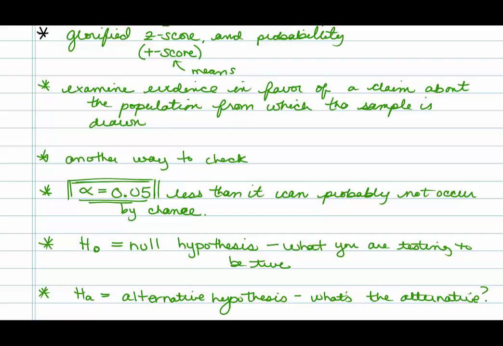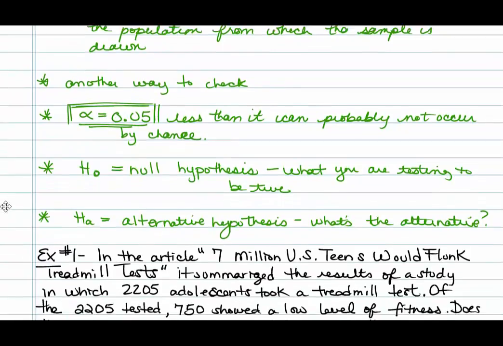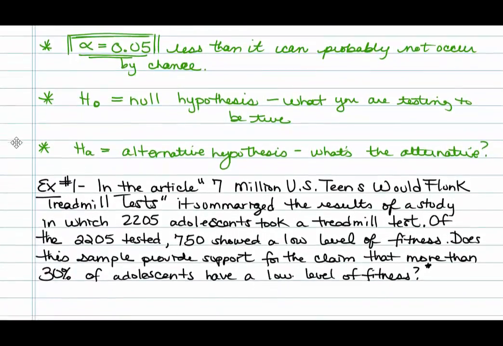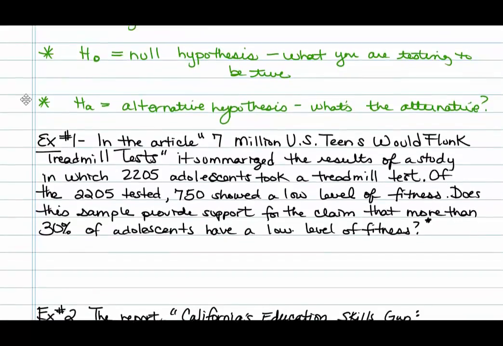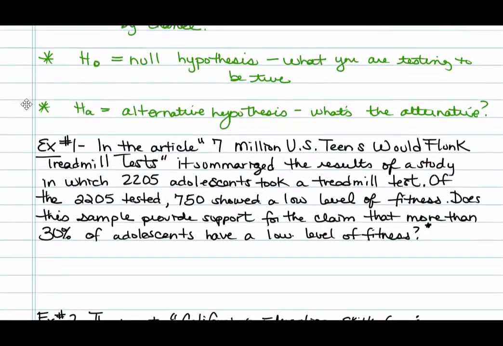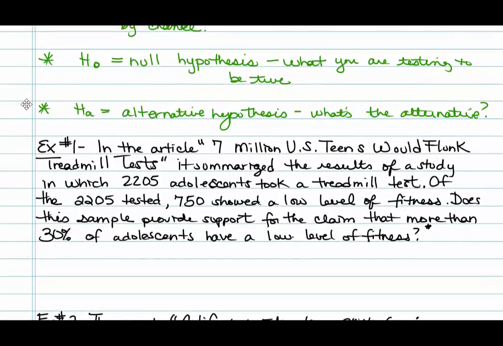For example, for number 1, we're not going to actually solve it. I just want to show you how you can figure out what the null hypothesis is and what the alternative hypothesis is. For example, in the article, 7 million U.S. teens would flunk treadmill tests. This article summarized the results of a study in which 2,205 adolescents took a treadmill test.